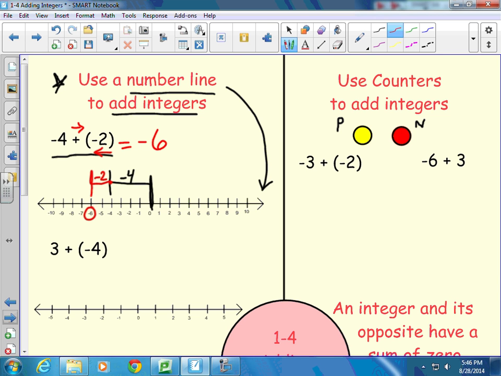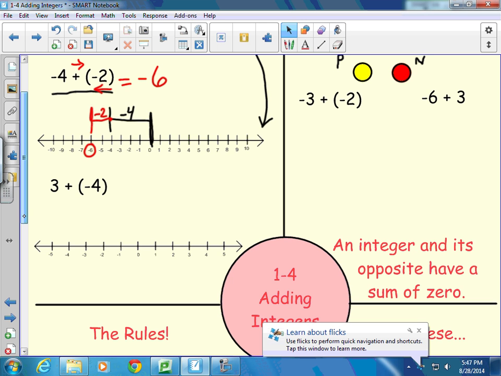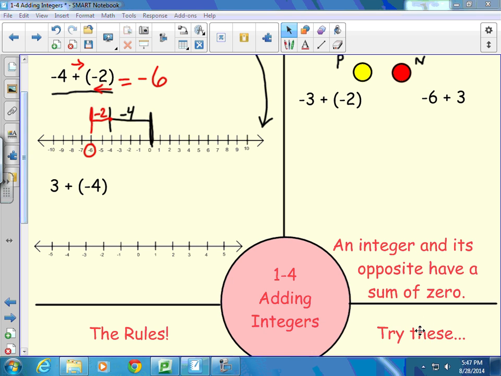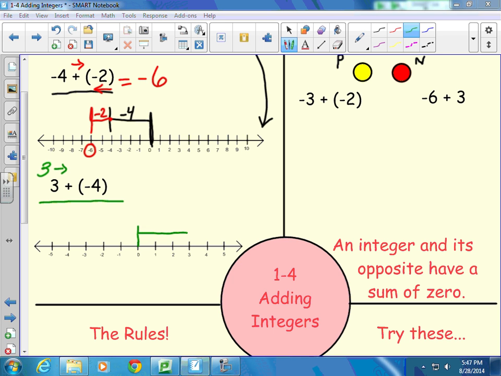Okay, so that's how a number line helps us to add integers. You can actually visualize what you're putting together. So you could pause me right now and give this second one a try, 3 plus a -4. You can give that a try right now, and then come back, or just go ahead and watch me do this. So since I'm at 3 plus -4, 3 is 3 units to the right of 0. So I'm going to start there at 0 and go 1, 2, 3 to the right.